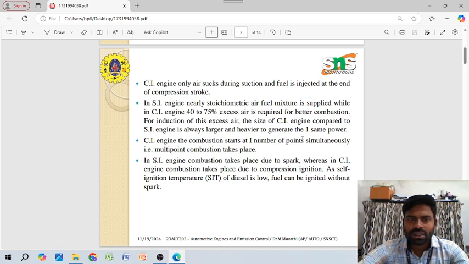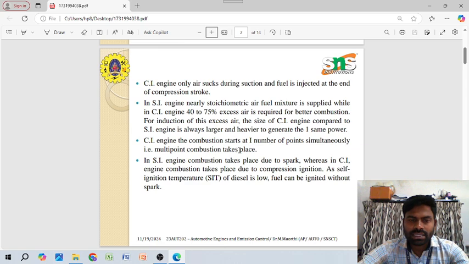This is why the compression ignition or diesel engine looks slightly heavier and bigger than a spark ignition engine. In the compression ignition engine, combustion starts at a number of points simultaneously, so multi-point combustion takes place.